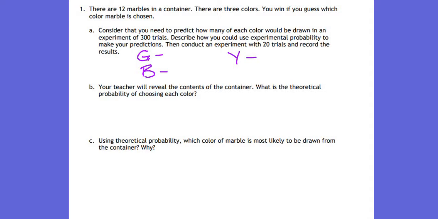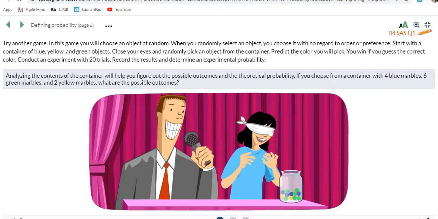So you're predicting based on this smaller jar. I'm going to give you about 45 seconds to write 3 numbers down. Those 3 numbers should add up to 300.